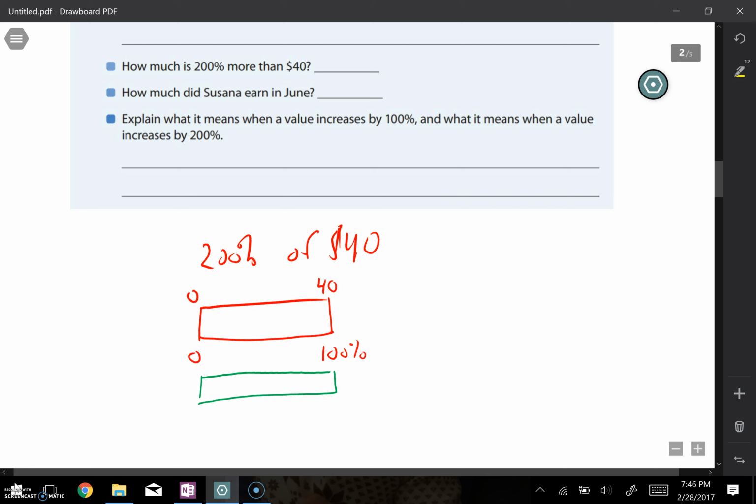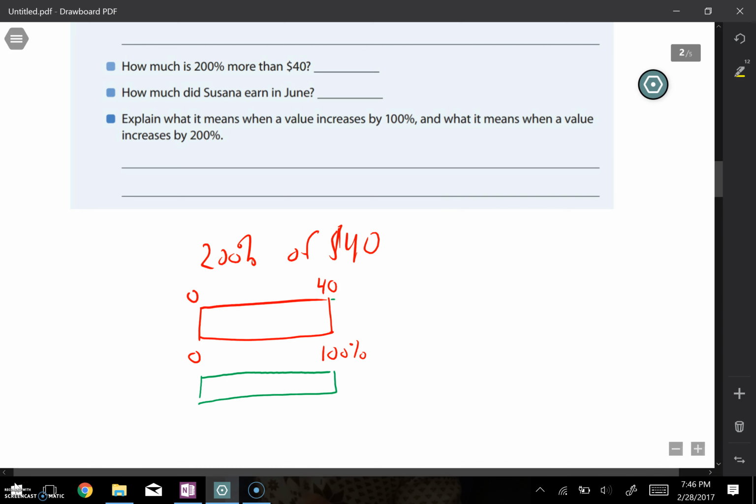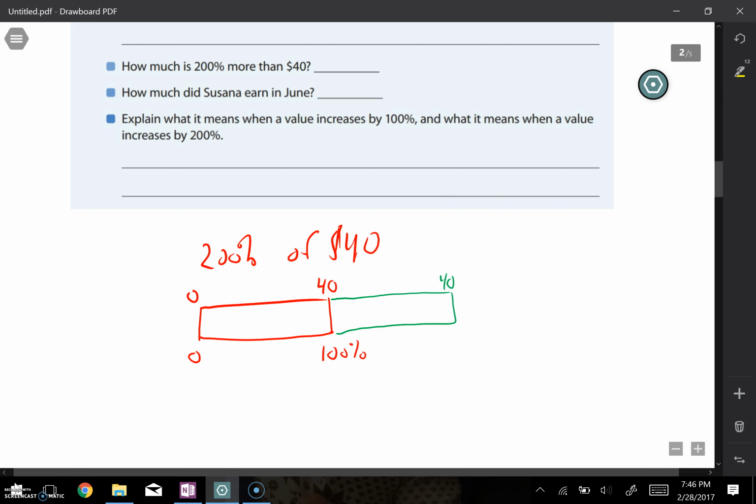All right, so if I duplicated that, she would have made another $40. And that would have been another 100%. So if she increased her earnings by 100%, this is one whole 100% here.